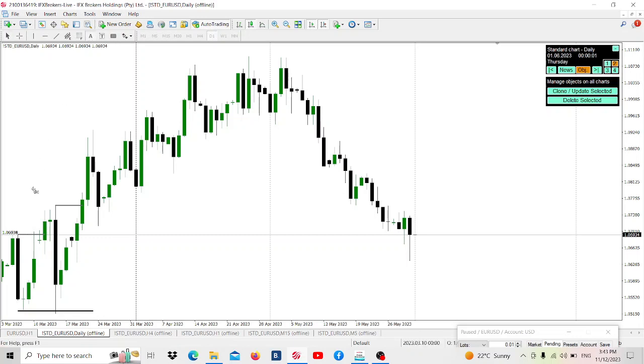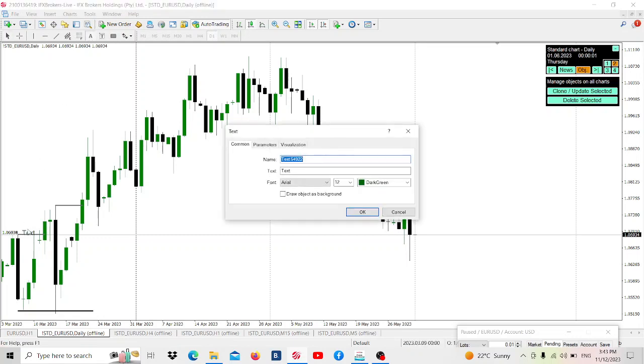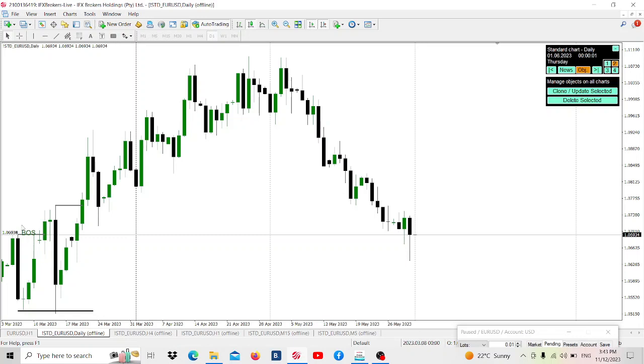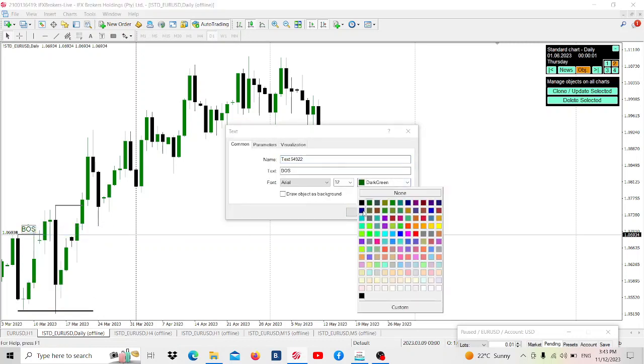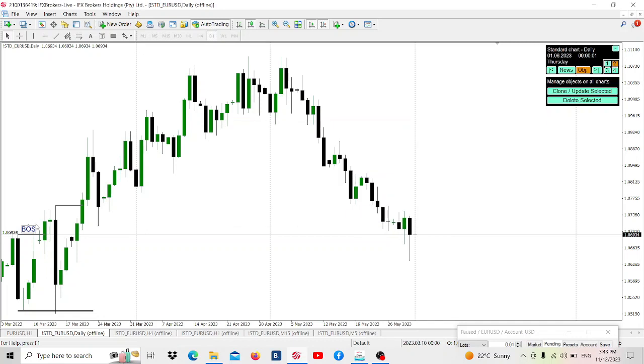This zone was our break of structure. This was our break of structure. And we had another break of structure over here. Following that, we had another break of structure.